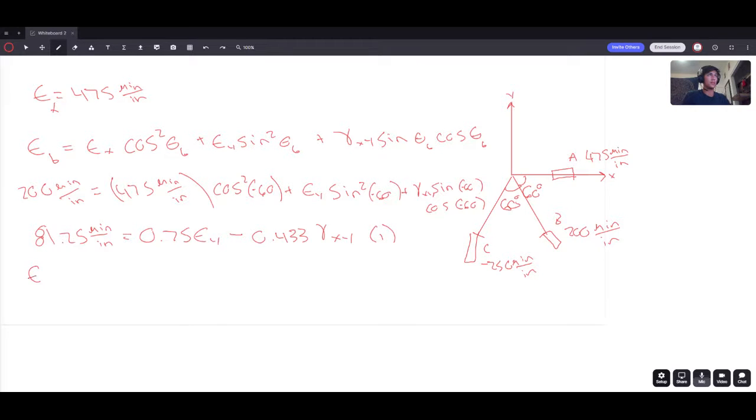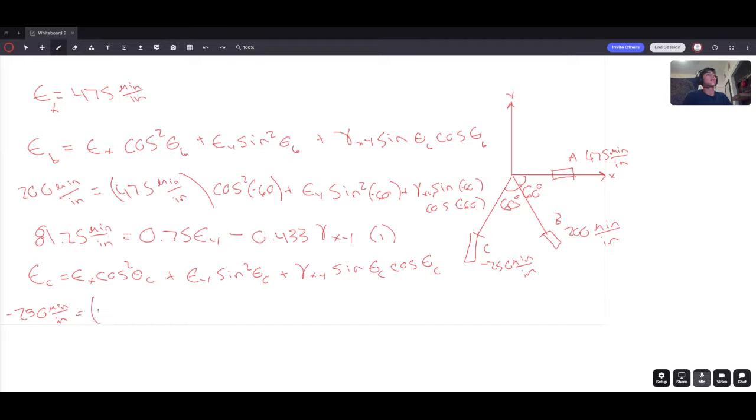Second one is epsilon C. Equals epsilon X cosine squared theta C plus epsilon Y sine squared theta C plus gamma XY sine theta C cosine theta C. Plugging in values, we have negative 250 microinches per inch.